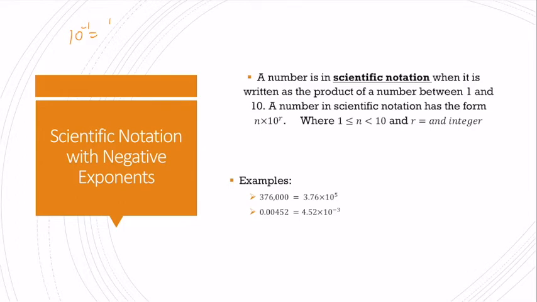If I have 10 to the negative 2, that's 1 over 10 squared, which is 1/100th, which I could write as 0.01, right? So this is where we get our tens place, hundreds place, okay? So I can write in scientific notation with negative exponents by, instead of moving my decimal place to the left, I move it to the right. So here I go, 1, 2, 3. That gives me 4.52 times 10 to the negative 3rd.